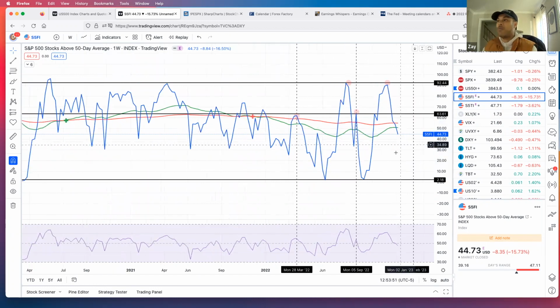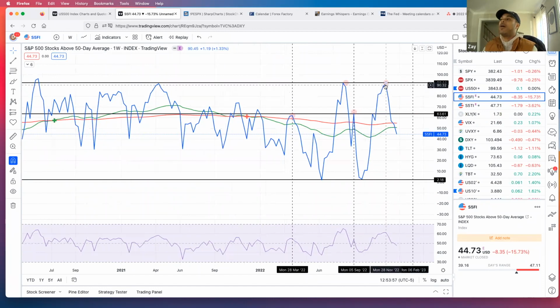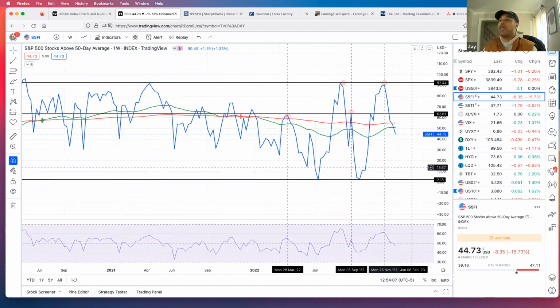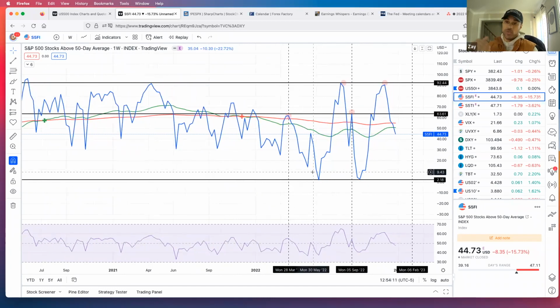I was just playing around with some stuff, but as you can see, this is a fabulous, amazing indicator. Oftentimes when it hits points of extreme, that's when you want to take something off the table. When it's down here at this lower end of extremes, this is usually when you might want to add some risk.